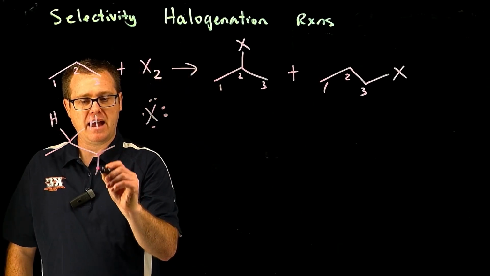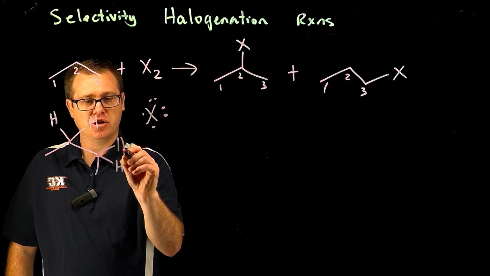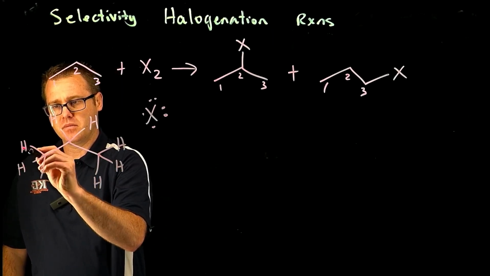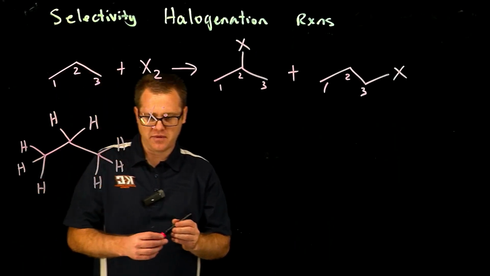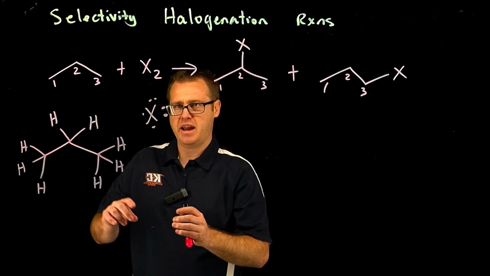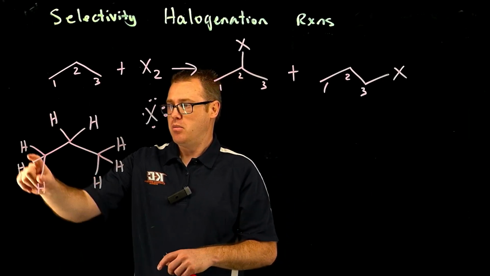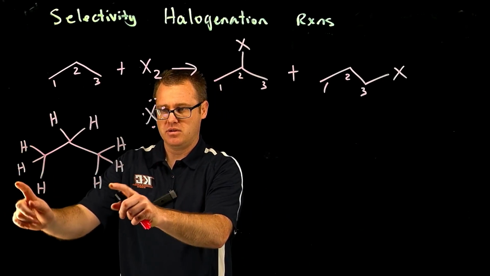But then when you look at the terminal methyl groups here, based off of statistics, you would be like, okay, carbon 1 and carbon 3 are the same, but there's 6 hydrogens total.